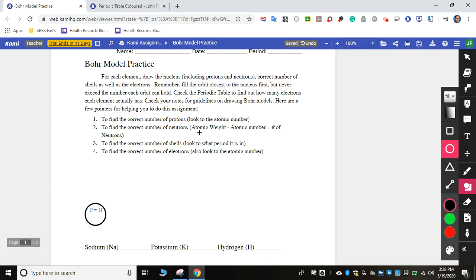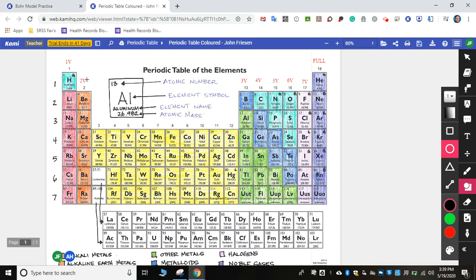Now, if we're going to take the atomic weight, the atomic weight for sodium is 22.990. But we're going to round that, as per the instructions you've already been given.